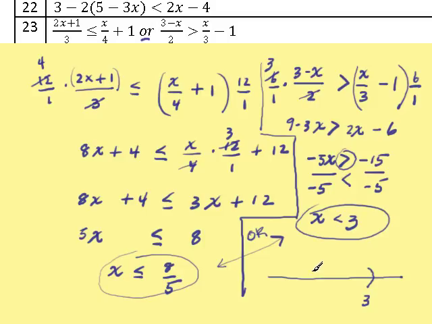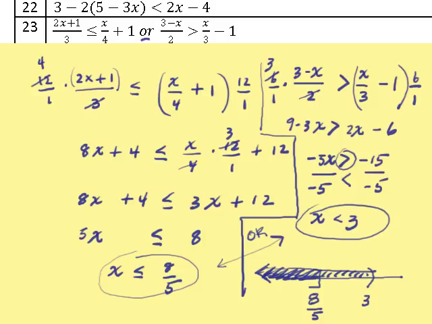And 8 over 5 is to the left, it's less than 3. Sorry, 8 over 5. All right, so here's numbers less than or equal to 8 over 5, and then less than 3, so that it just swallows it up.